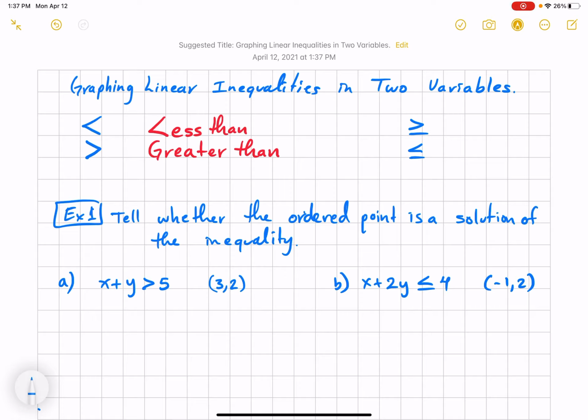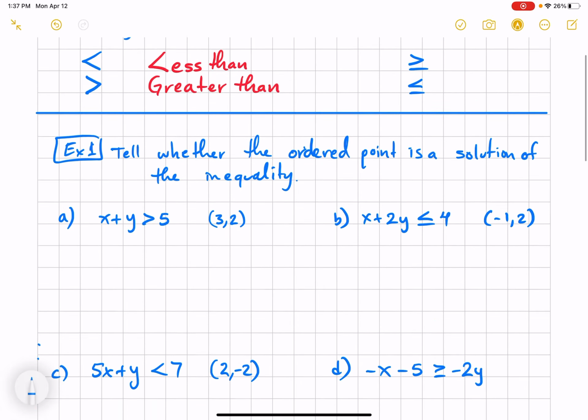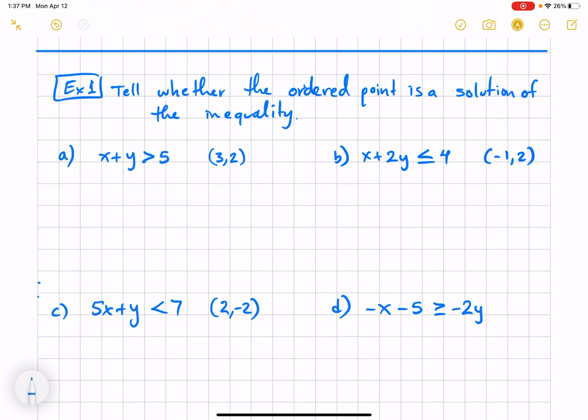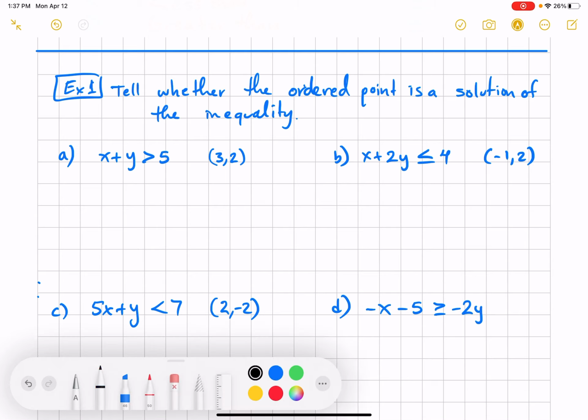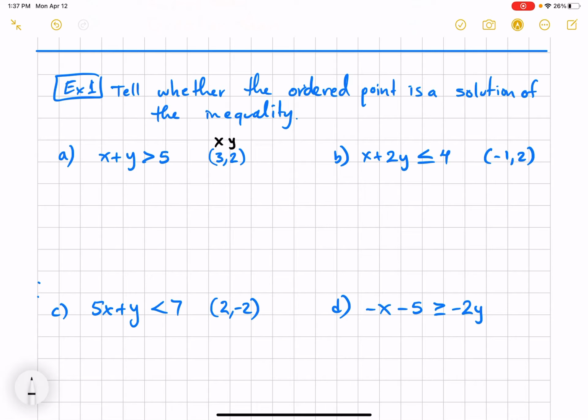So one of the examples that we're gonna do in this section is, they're gonna give us an inequality and we're gonna check if the point that they give us is a solution. So remember, this is x, this is y. So we just substitute it. X is 3, y is 2. And we're gonna check if this is actually greater than 5.